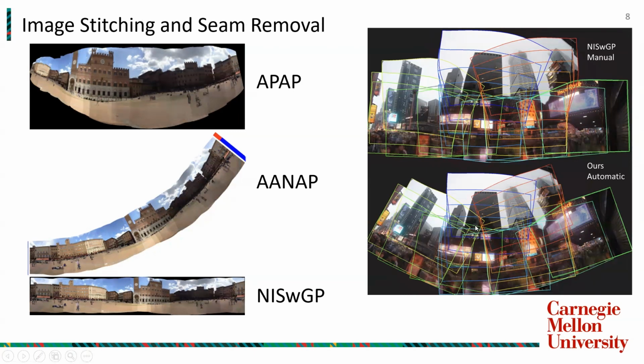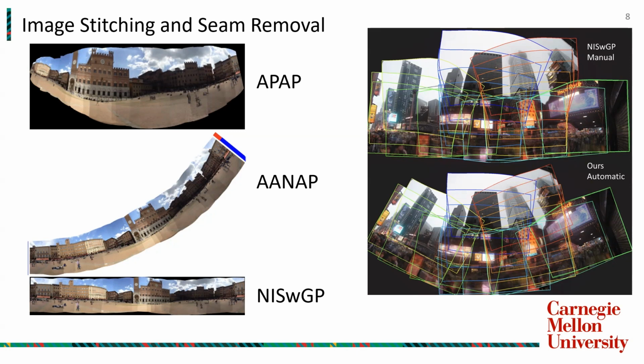Versus when we use the graph that comes from the algorithm that I just described using the heuristics, we do end up bending the lower part of the image more, but the buildings, which are the main subject, remain undistorted. This is just a comparison between APAP, which is as perspective as possible, and some other image stitching algorithms, which describes why I chose this particular method for the image stitching part.